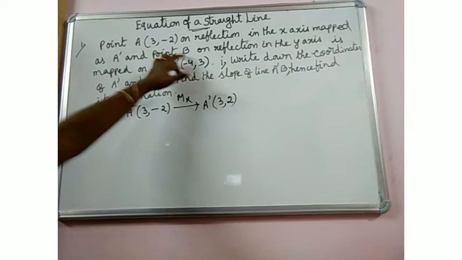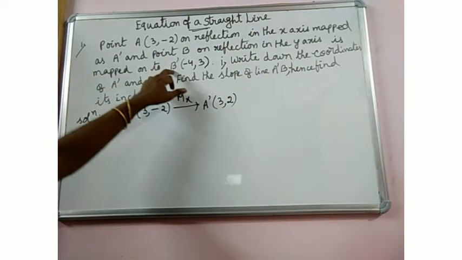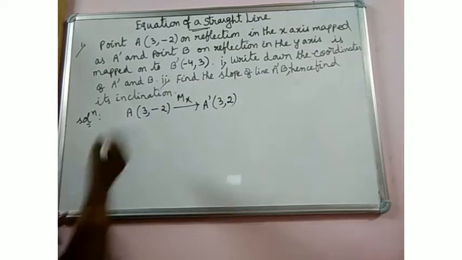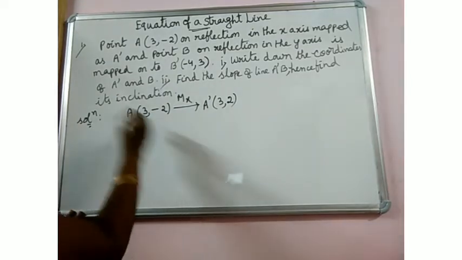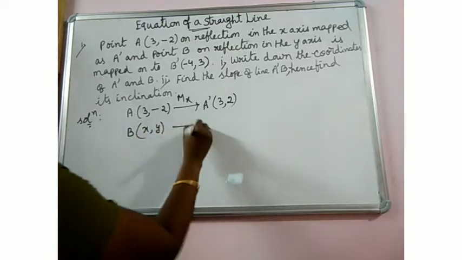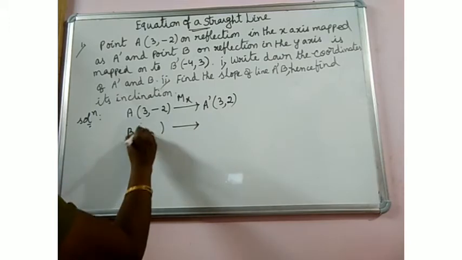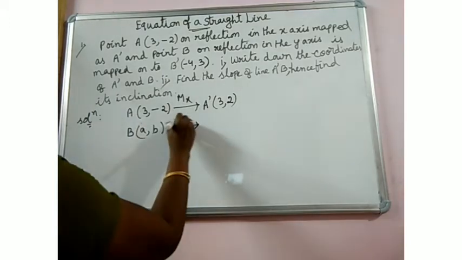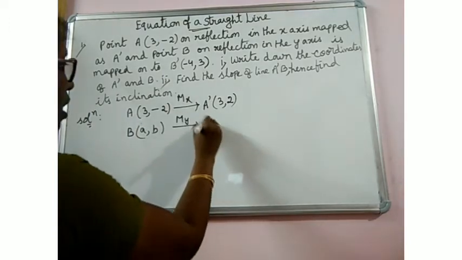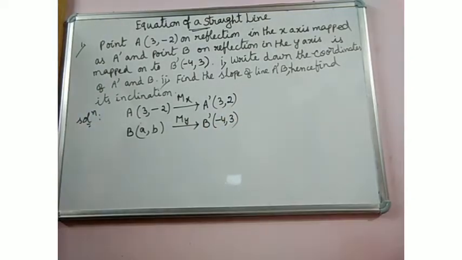Now point B on reflection in the y-axis is mapped onto B dash (-4, 3). We don't know the coordinates of B, we have to find them out. Let me take it as (a, b), small a, small b. When it reflects through the y-axis, we get B dash (-4, 3).